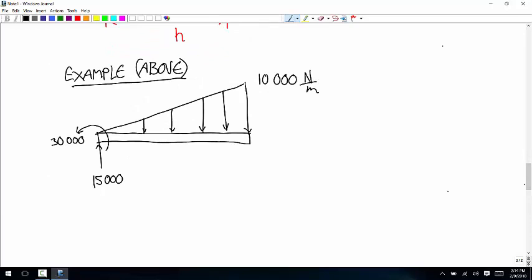So now to start doing the cuts, we have to choose where the boundaries of the subfunction are going to be. So remember that the boundaries of the subfunction will be at endpoints, so those first. And then other locations will be places where there are point forces or point couples or places where the distributed load function changes.